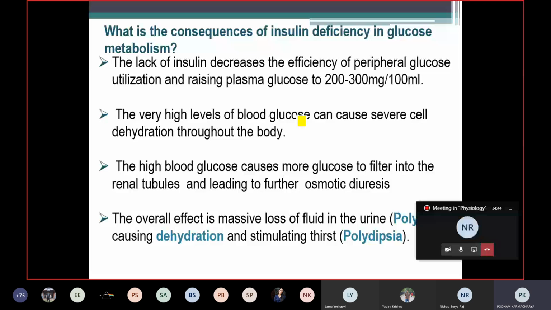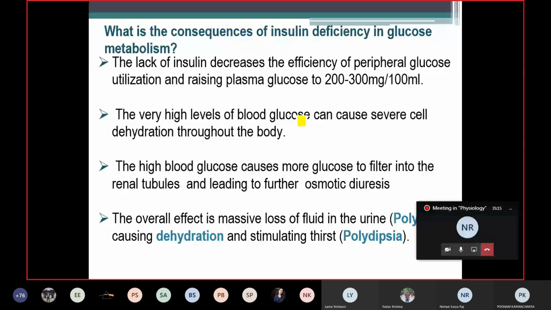because of insulin deficiency. Okay, so what is the effect of insulin deficiency on carbohydrate metabolism? Because of decreased insulin in our body, which can occur because of the destruction of the beta cells of the pancreas, there is a decrease in efficiency of peripheral glucose utilization, and thereby increased glucose concentration in our body.